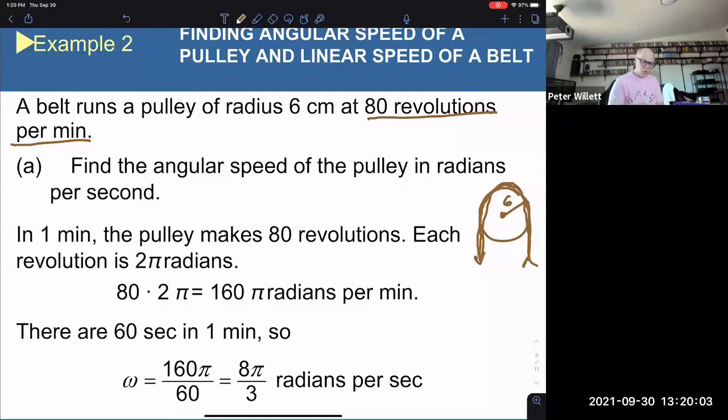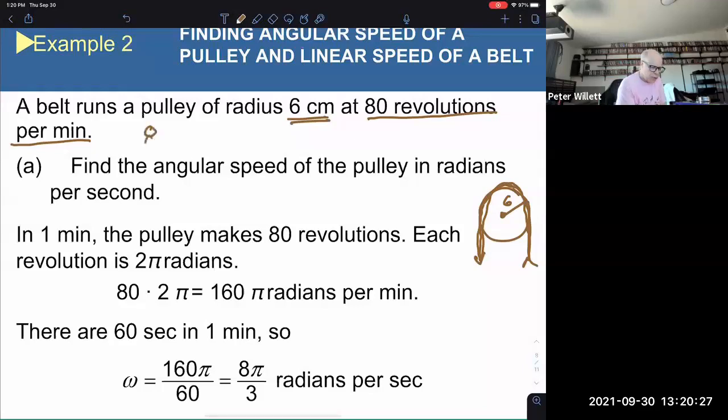So what we have to do is go from revolutions, which is sort of a whole circle around the one trip around the circle, to being what that would be in radians. We have the radius is 6 centimeters, but that has nothing to do with the angular change. We just need to know 80 revolutions per minute.